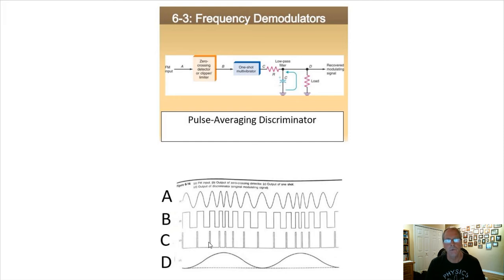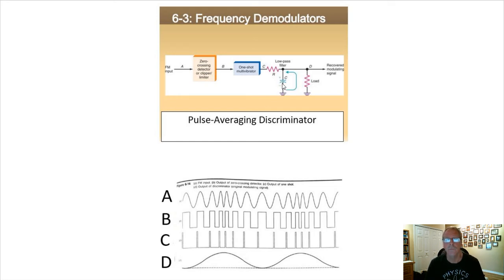Then we go through a one-shot multivibrator, which takes each rising edge and turns it into a fixed width pulse. That's a one-shot, like a 74123 or something like that, a TTL device. So you see these series of pulses coming out, and that gets fed into a low-pass filter.